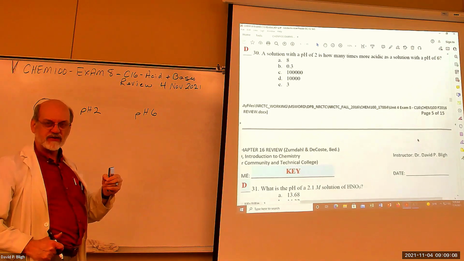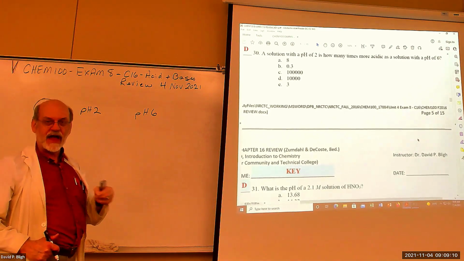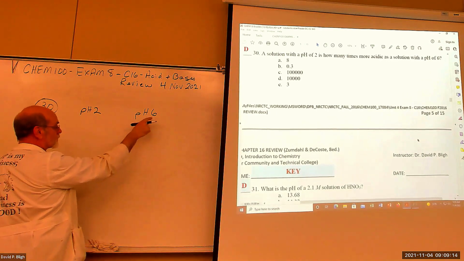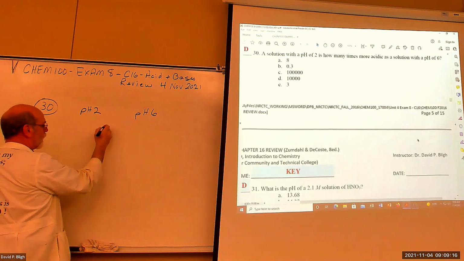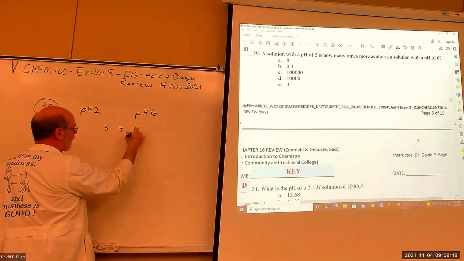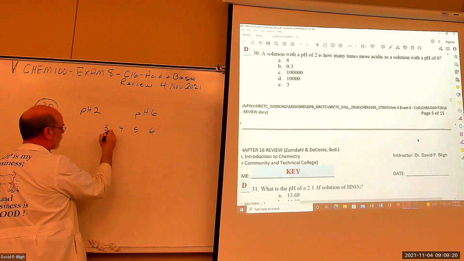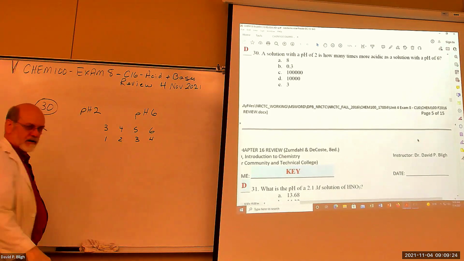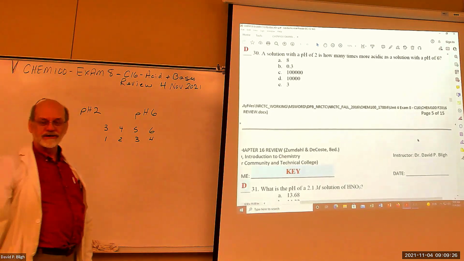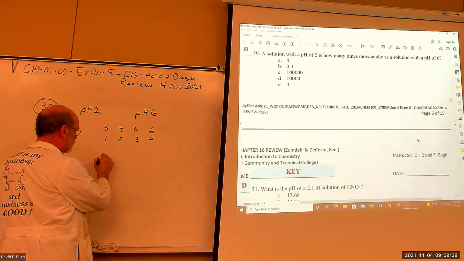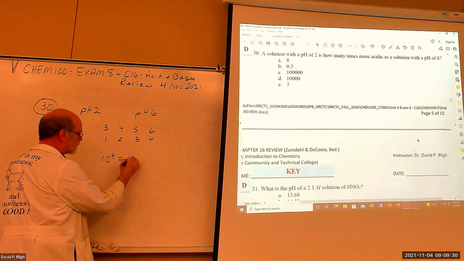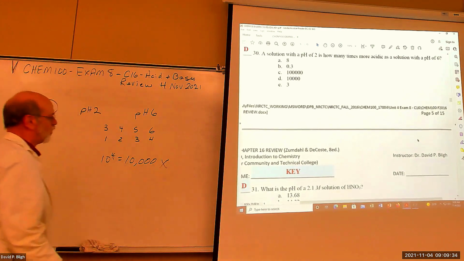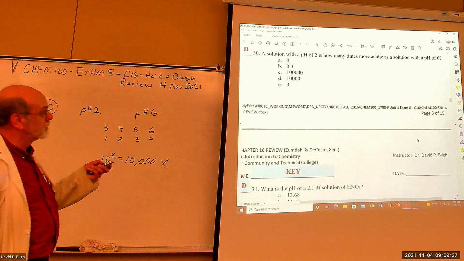So for each pH, it's 10 times the actual concentration. So we compare these, right? 2 to 6. How many times did it go? Well, 3 to 4 to 5 to 6. So that's 1, 2, 3, 4. 10 to the 4th power is actually what we're saying, which is equal to 10,000. 10,000 times more concentrated at pH 2 here.